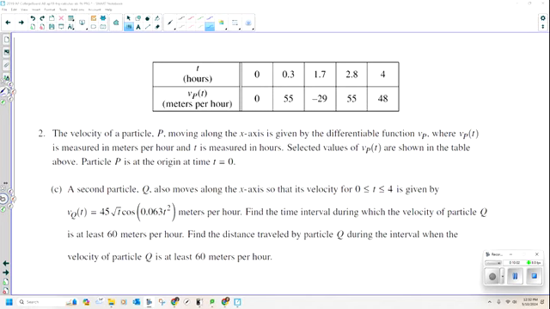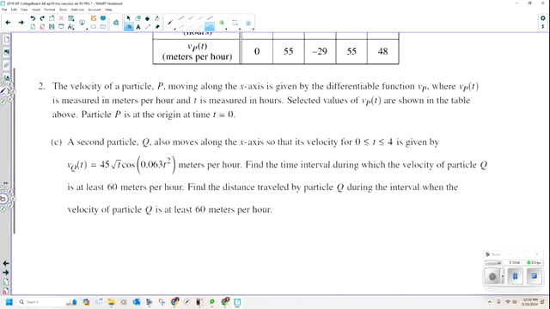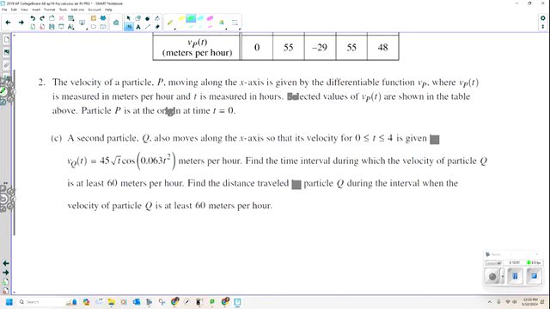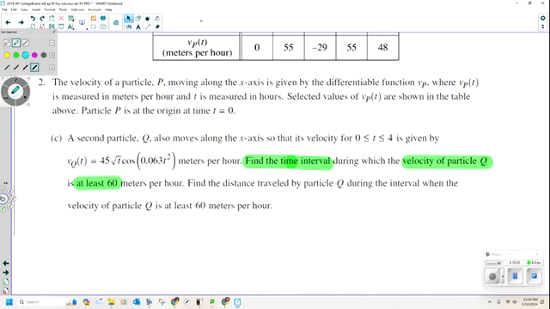This is going to be another easy one with the calculator. But let me explain this here. First, we need to find the time. So I need some t values. Well, it's going to be an interval where the velocity of Q is at least 60. They give us velocity.